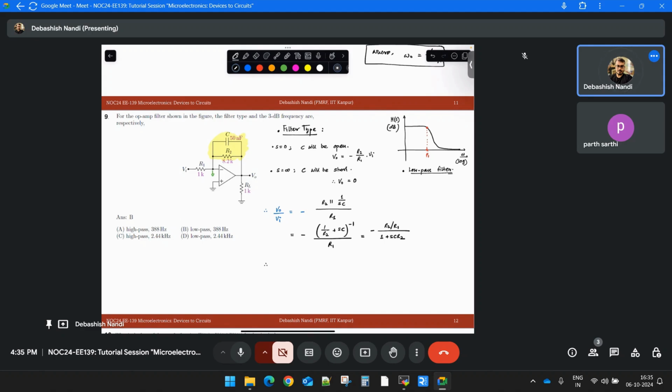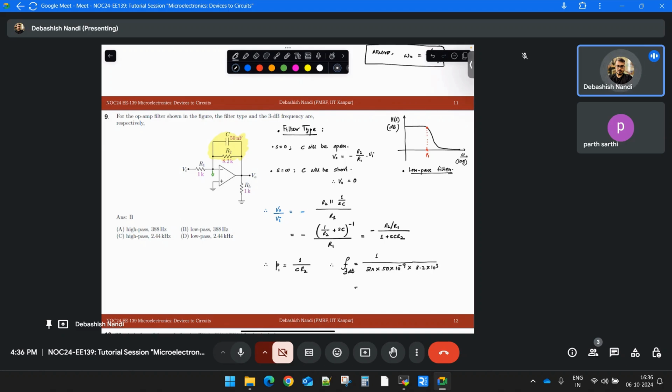So your P1 is equal to 1 over CR2. That means your F3dB is equal to 1 over 2 pi times C times R2. C is 50 times 10 raised to minus 9, R2 is 8.2 times 10 raised to 3.